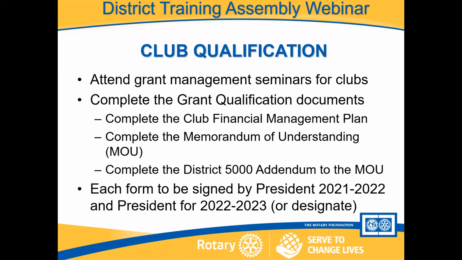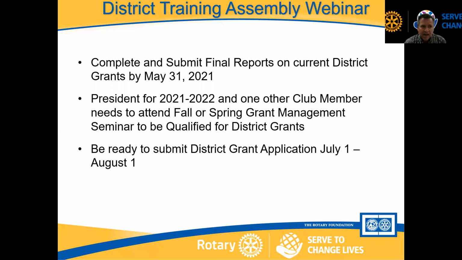And each of those forms need to be signed by your president in next year. So your president-elect right now. And if you can, your president for 2022, 23, or anyone else in the club that's designated to do so, to sign those documents. Next slide.